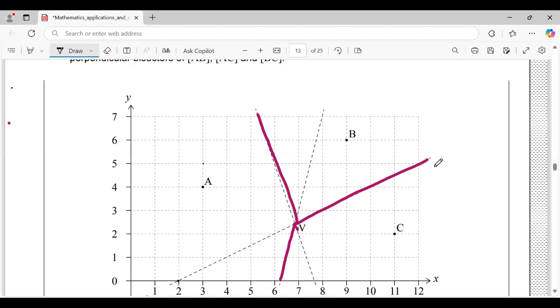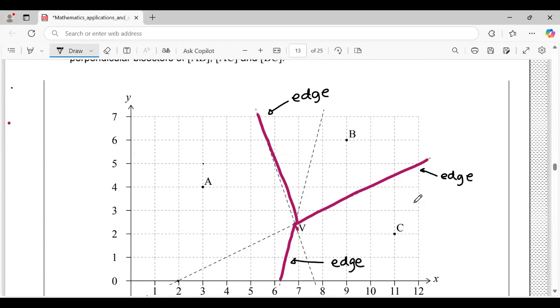So this line we call an edge, as well as the third edge.